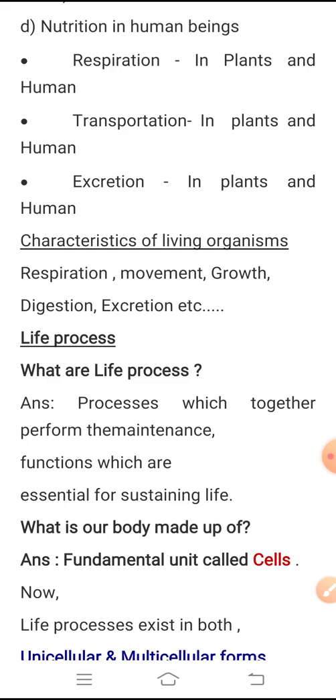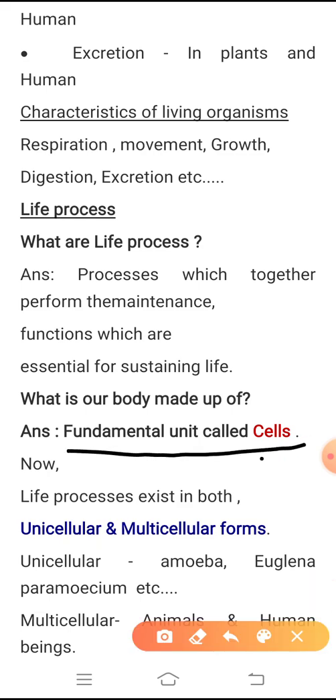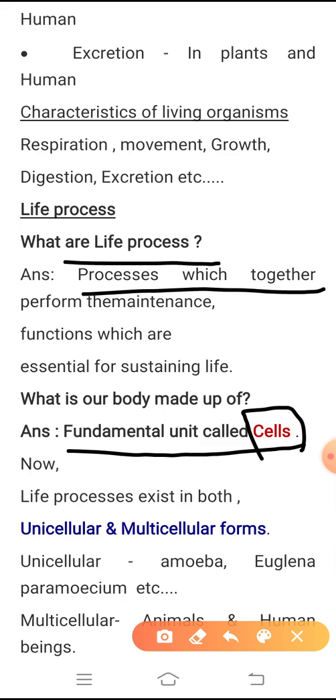So when we talk about the body, you know that our body is made up of the fundamental unit called cells, right? For the life process, I have already given the definition here. So what is life process? Before moving into the cells part, let me once again brush up this definition. What are life processes?